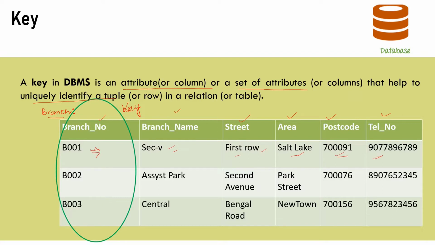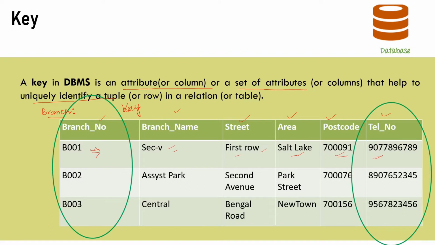That also helps us to uniquely identify any row. So if I tell you B001 and 9077896789, these two attributes indicate which branch. Immediately you will tell me it is sector 5 branch, first row, street, area Salt Lake, and postcode 700091. So you have understood what is keys, right?